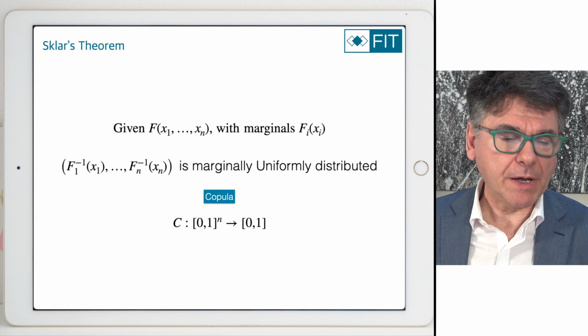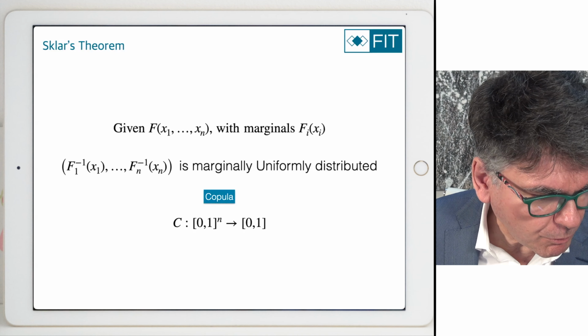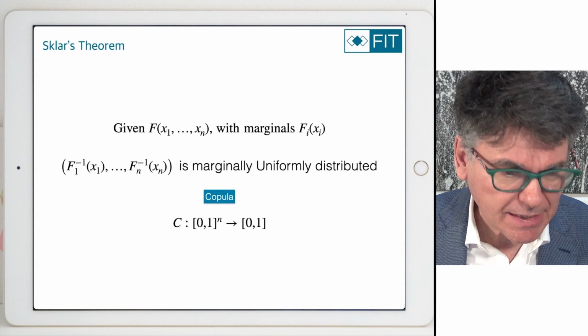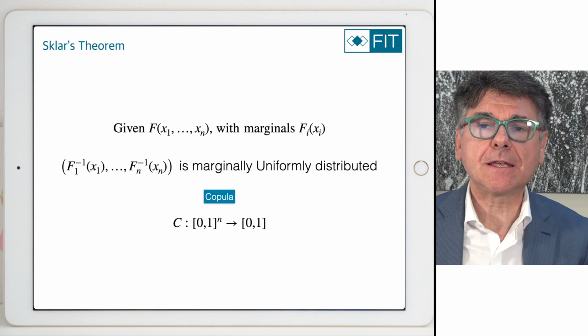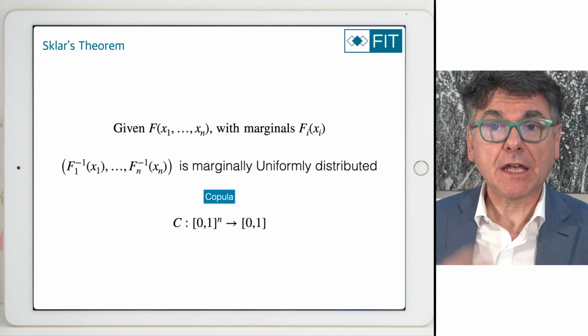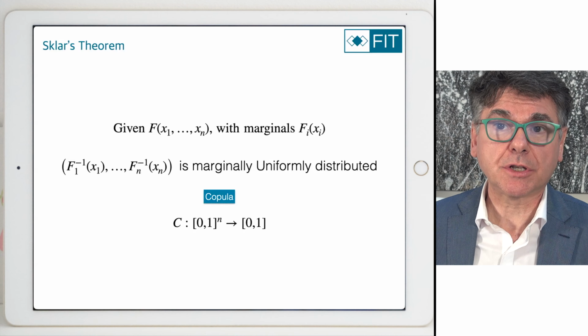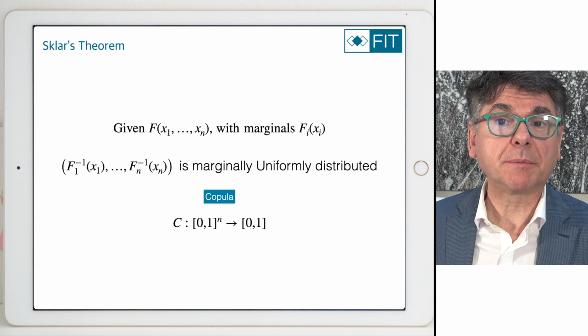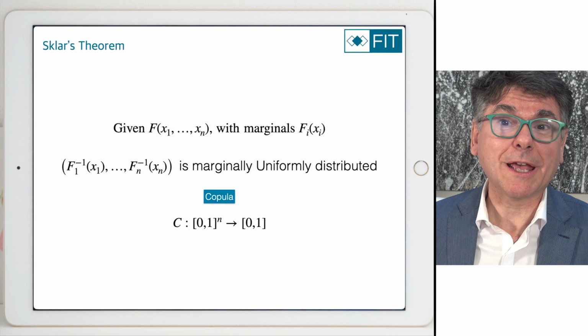So this vector that we have in front of us here, f1 inverse x1, up to fn inverse xn, is a vector whose marginals are uniformly distributed. Its marginals. But how about the dependent structure? The dependent structure could be anything. We don't know what it is.